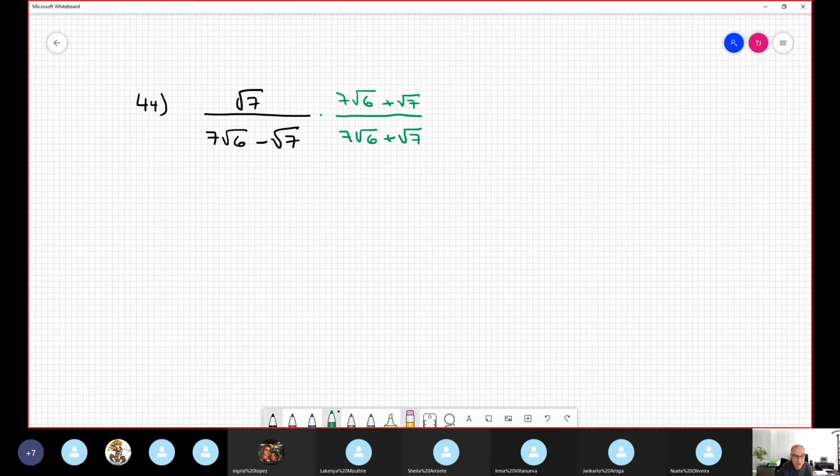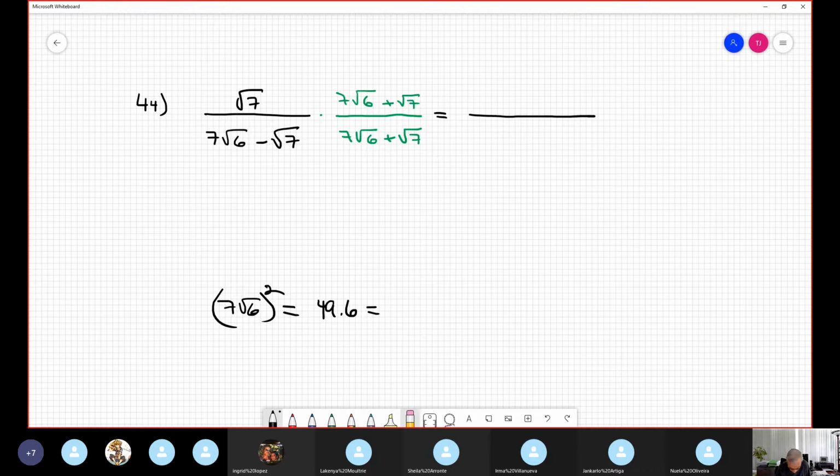Now, ready for multiplication. The shortcut to do the multiplication: the bottom part, I like the easy part first. Basically it's 7 radical 6 squared. It's 49 times 6. Put it in my calculator. 49 times 6 is 294.